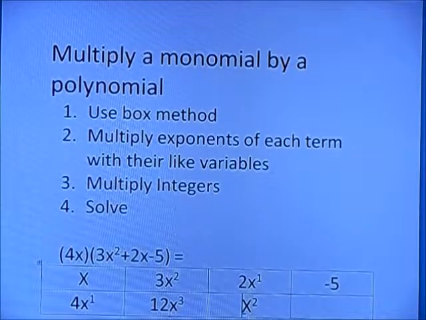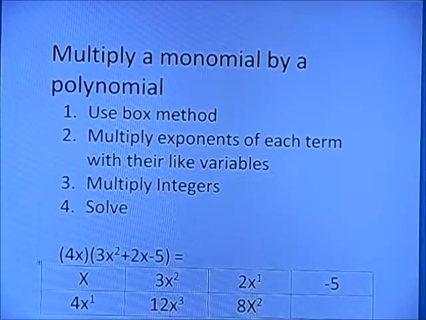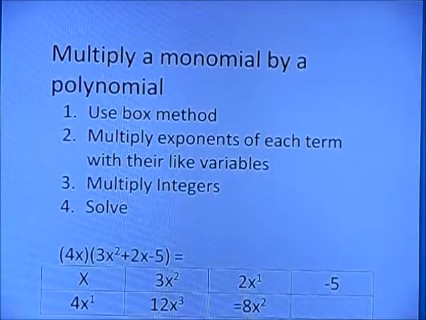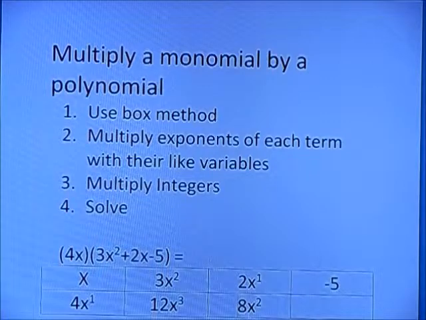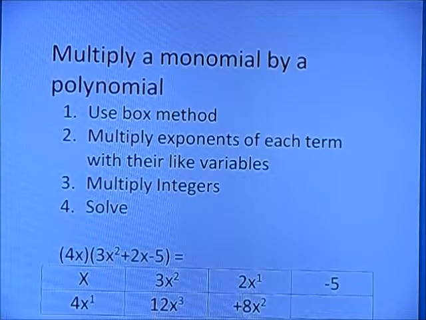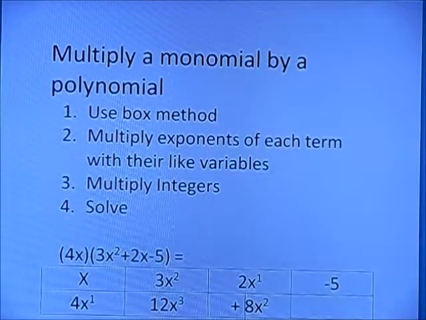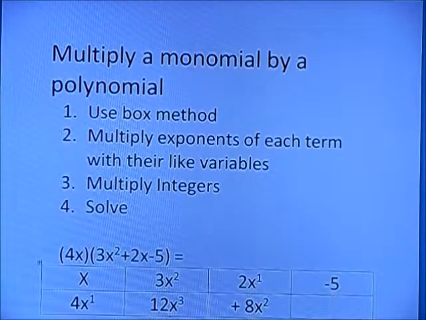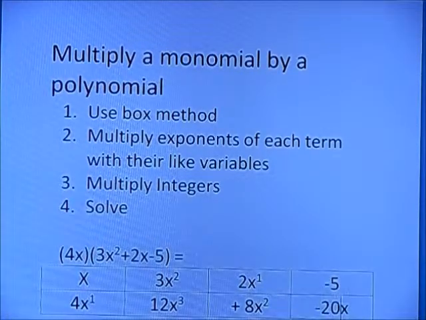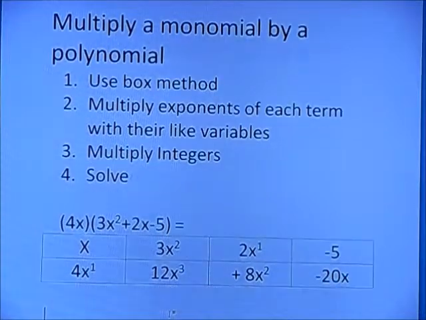Okay? And 2 times 4 is 8. So, and then, what? No, wait a minute. Plus 8x squared. Because you're adding, and then 5 times 4x, so there's no, like, terms. So what do we do here? It's negative 20x. So what's our answer going to be?